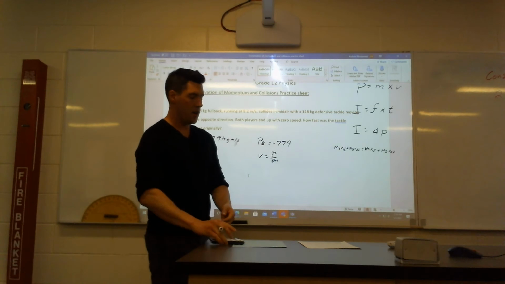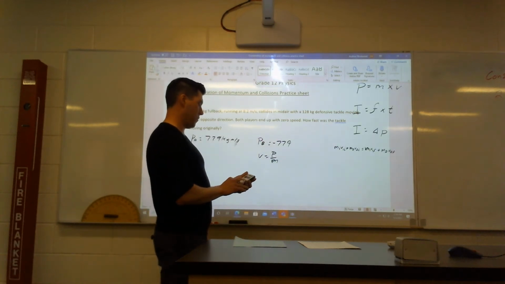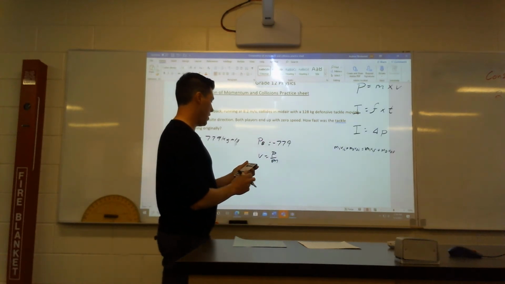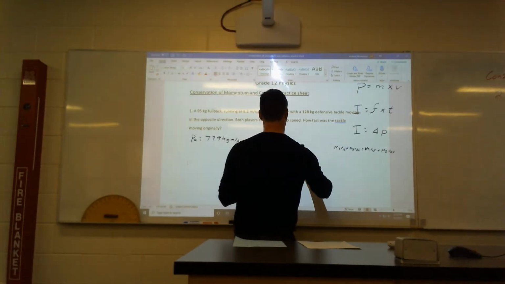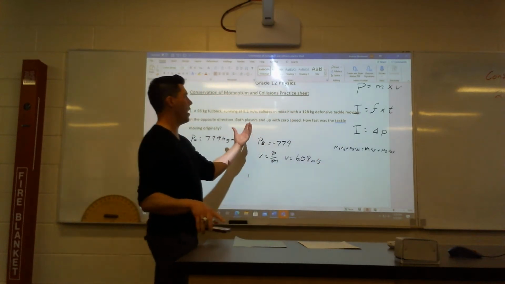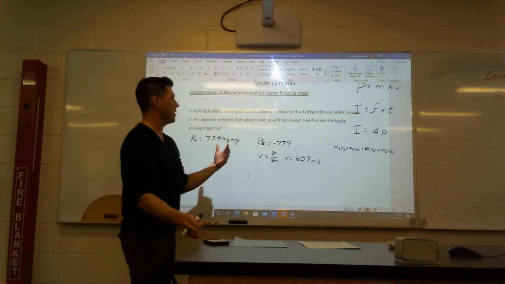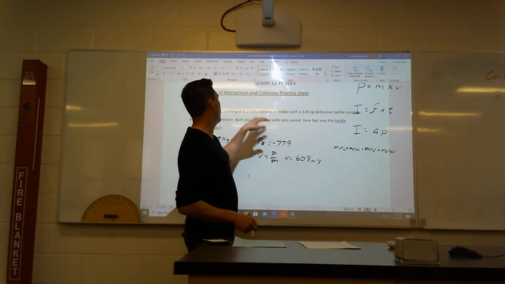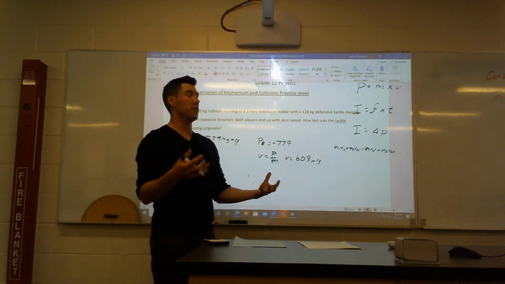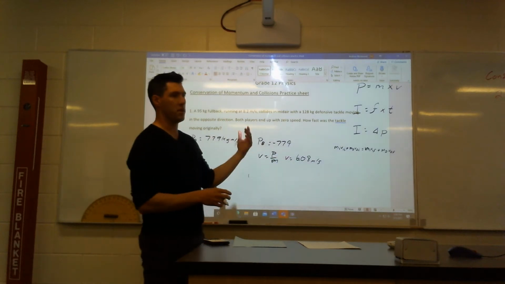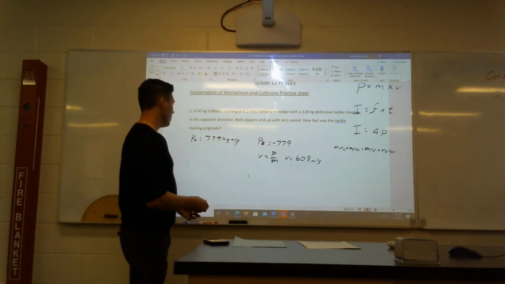So if I take 779 divided by 128, I know that the velocity equals 6.08 meters per second. That's how fast this player is going the opposite way. That makes sense. He doesn't have to be going as fast because he's bigger. The more mass you have, the less velocity you need to have the same momentum. All right, cool.